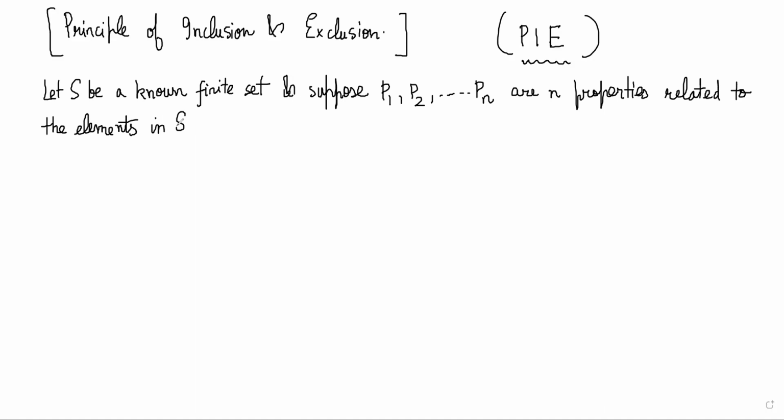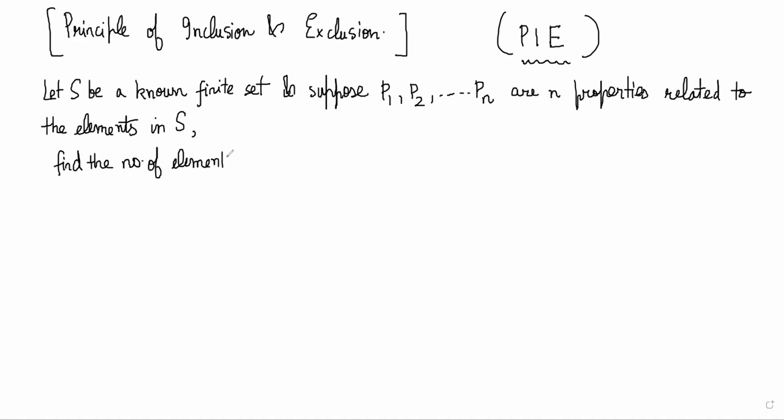And it is possible for each element to have more than one property also, right? So basically, for each element x and any property Pi, you can determine whether x has that property or not, right?